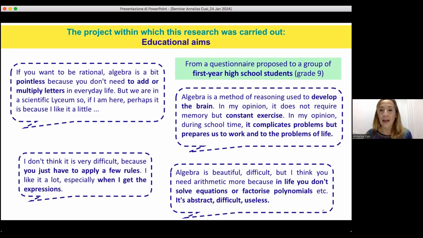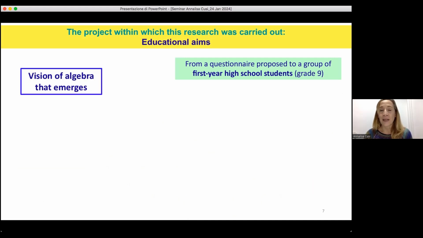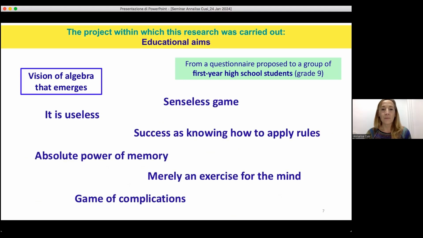So if I highlight some words in these sentences, we can see a widespread vision of algebra that emerges from the questionnaire. Algebra is useless. It is perceived as a senseless game. Success for most of the students is related to knowing rules and being able to apply them.